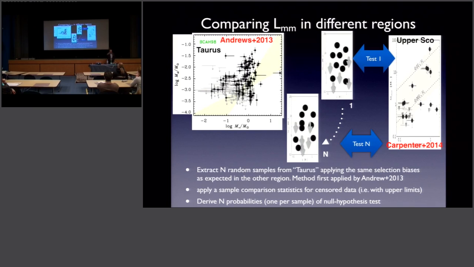So your null hypothesis, if you want, is: what is the probability that this random sample and this sample are drawn from the same distribution? That's the probability, okay? And you have n of these probabilities, because you have n samples.